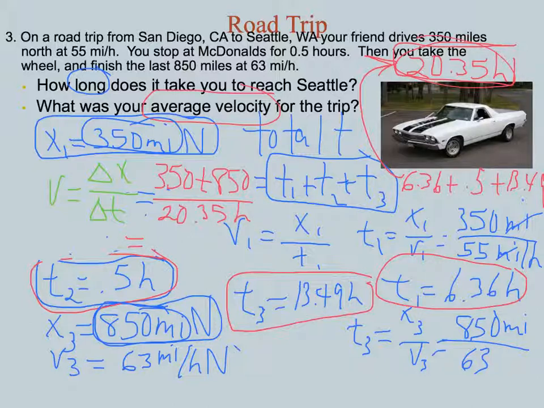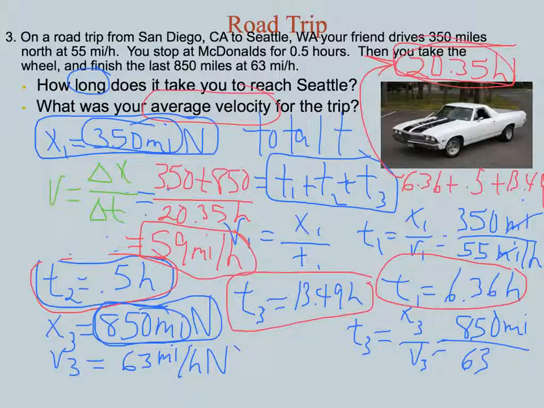And when we add up 350 plus 850 and divide that by 20.35, we get 59 miles per hour. So there's our second answer, 59 miles per hour. That was your average velocity for the whole trip.